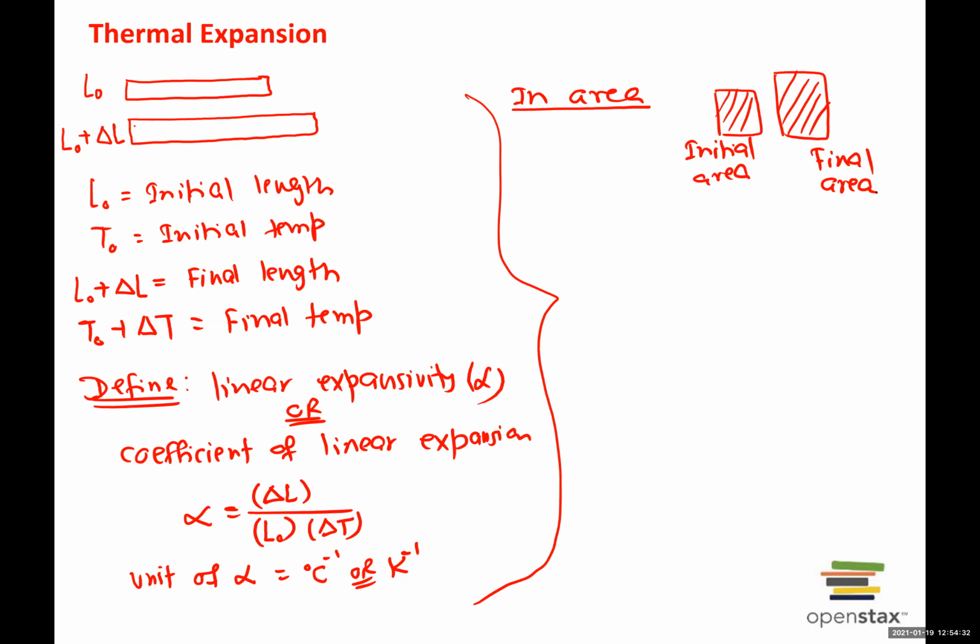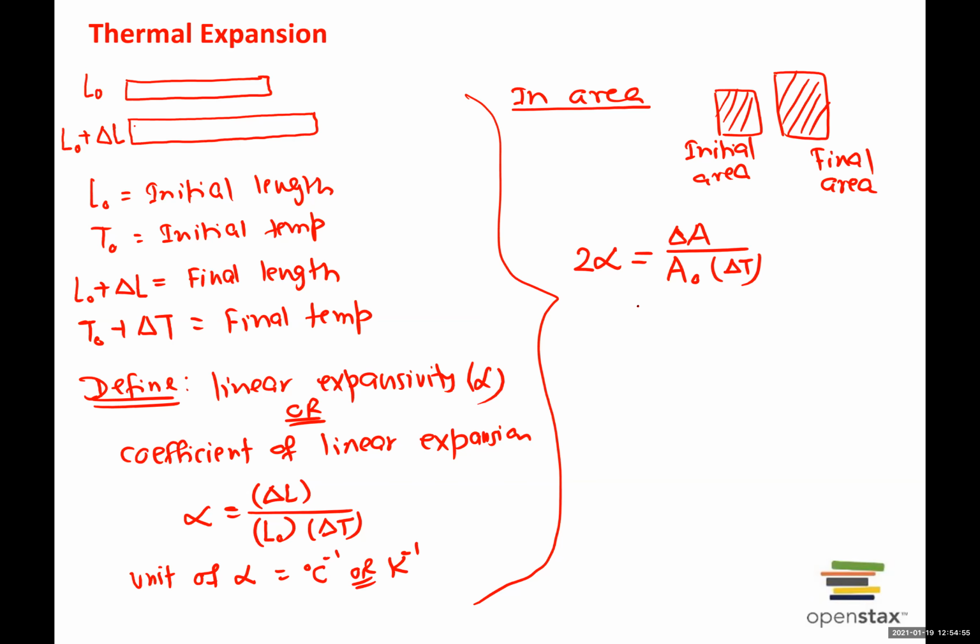So we can similarly define 2 alpha equals change in area over initial area times change in temperature.